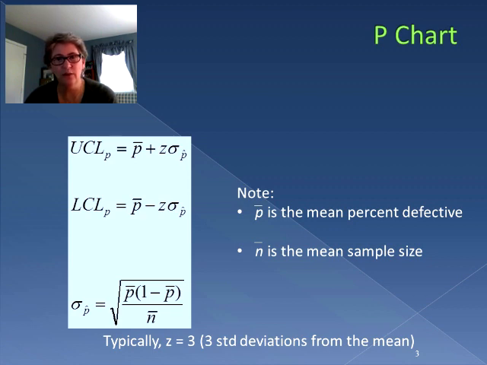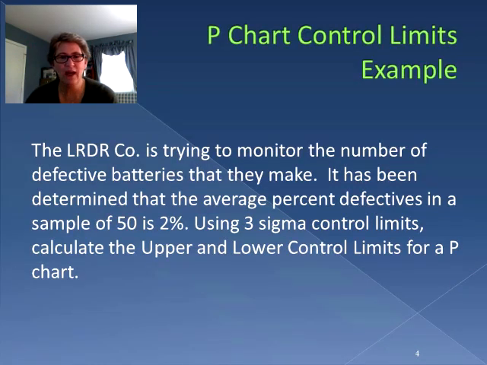One thing to remember with a P chart is we actually have to calculate the standard deviation of P. To do that, we need the average percent defective, and we also need the mean sample size. So in this case, it would be the square root of P bar times 1 minus P bar over N bar. Now, typically we use 3 for Z because we typically use 3 standard deviations away from the mean. So here we have an example.